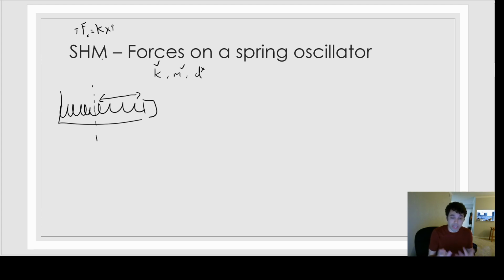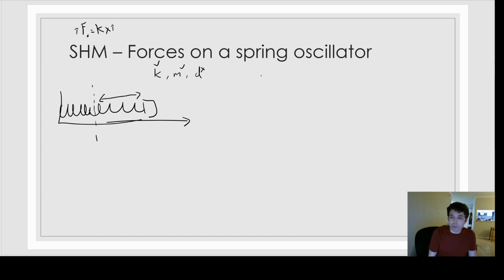So if I stretch it out all the way maybe to here, then the restorative force will be even larger, which means that the acceleration will be larger, so it's going to spring back really fast, and so the distance actually doesn't matter. So the restorative force on a spring oscillator is the spring force for a horizontal spring.